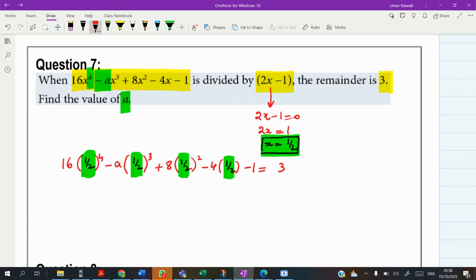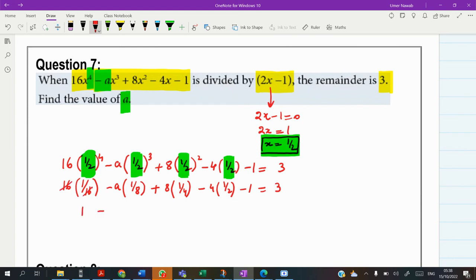I need to simplify it. I may use the equation solver, but at the end I will use it. Let us do it manually. 1 over 16, this is 1 over 8, this is 1 over 4, 1 over 2 minus 1 is equal to 3.